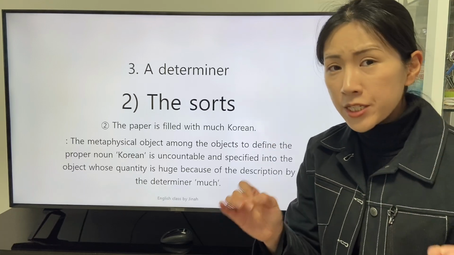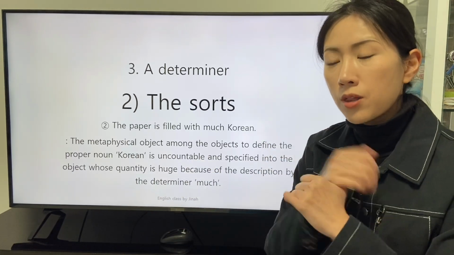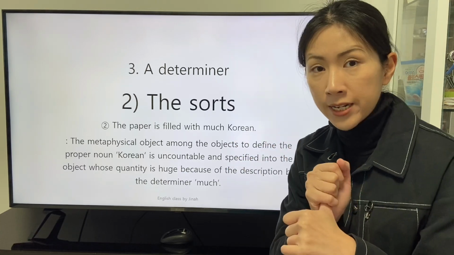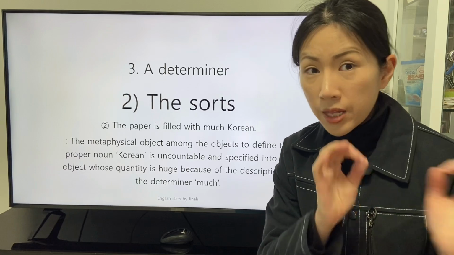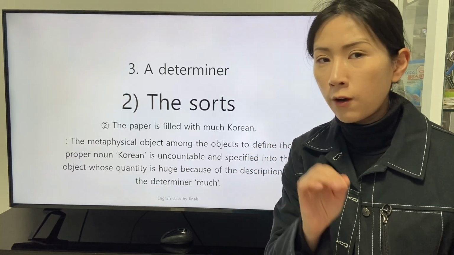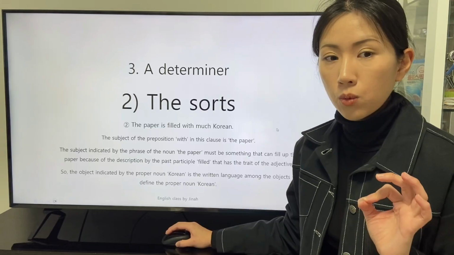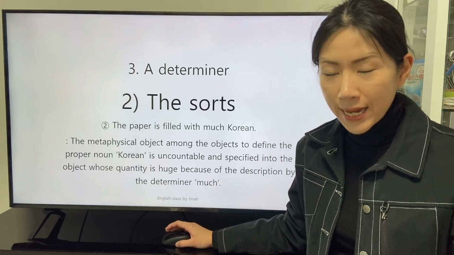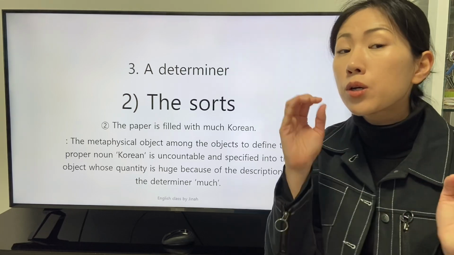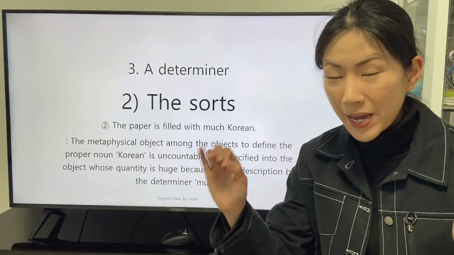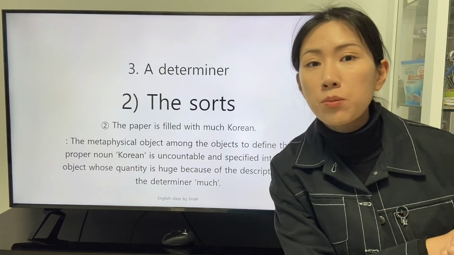The definition of the proper noun consists of the physical object and the metaphysical object. The indication of the proper noun occurred with the clause. We can infer that the object indicated by the proper noun Korean specified by the determiner much is uncountable.